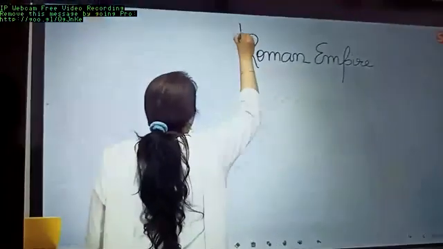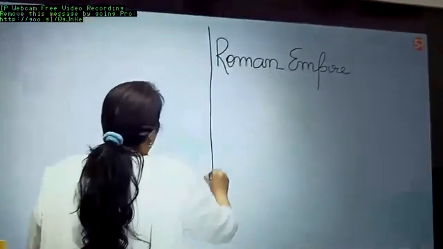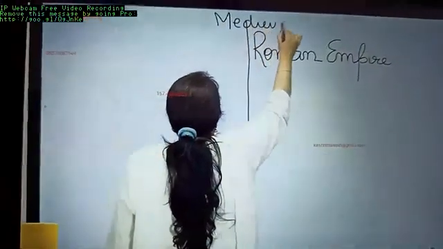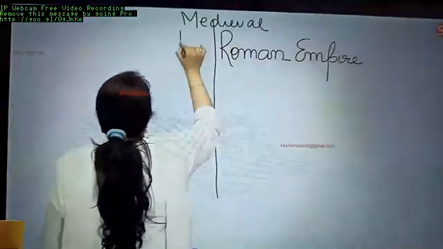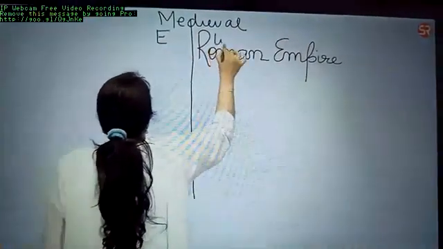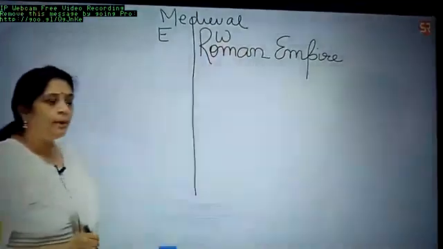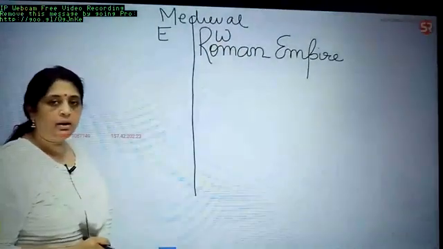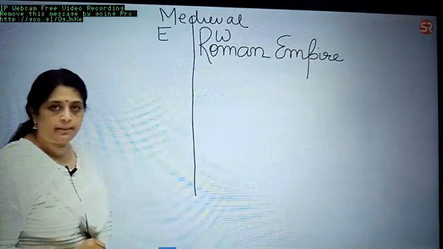So, as you know, in medieval times, a division happened between East and West. Western Europe had been under the Roman Empire.